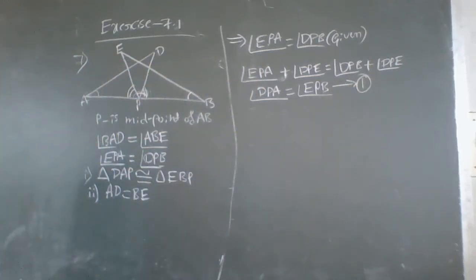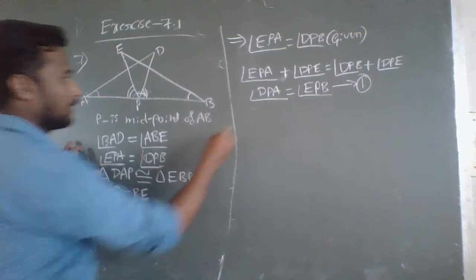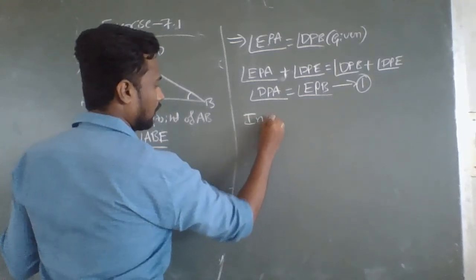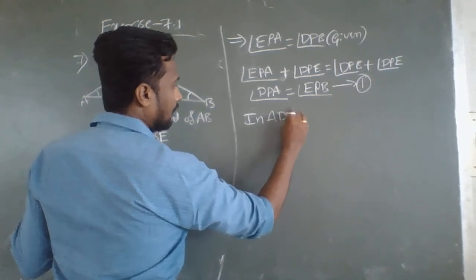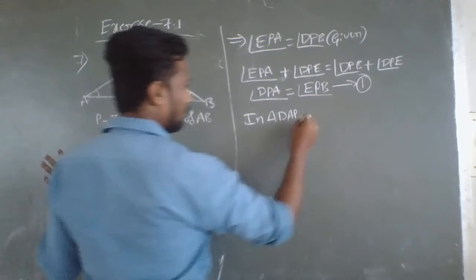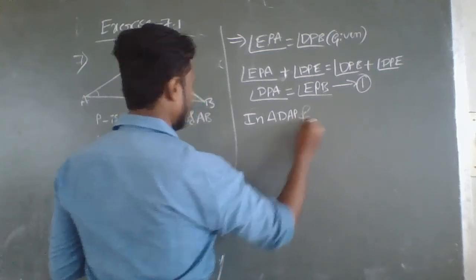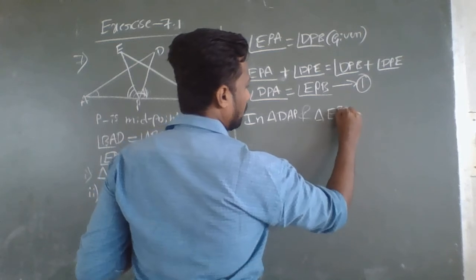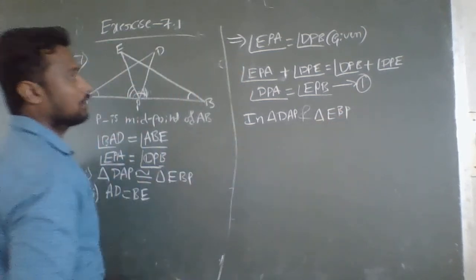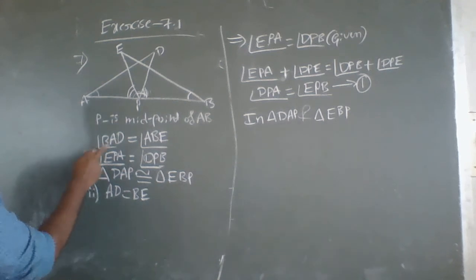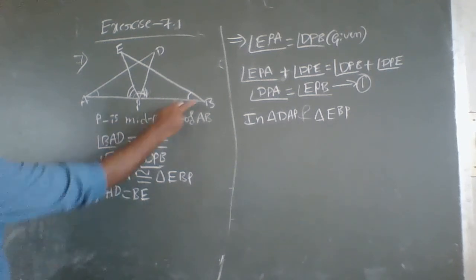So now to prove this, in triangle DAP and triangle EBP, what can I write here? First, they have given BAD is equal to ABE.